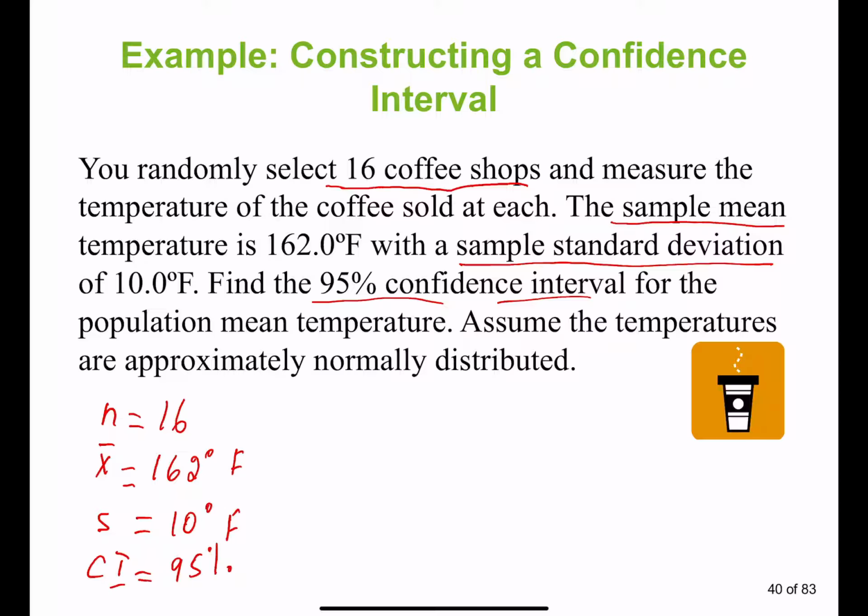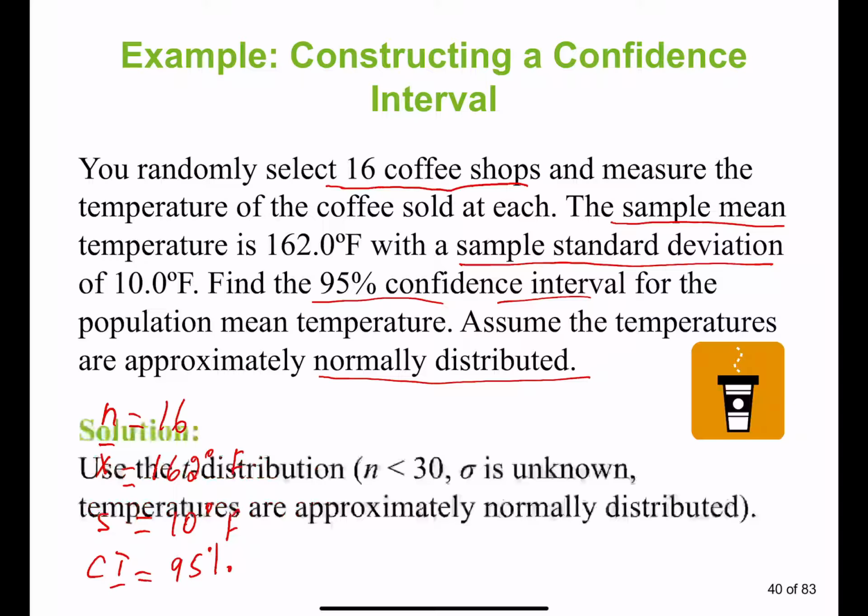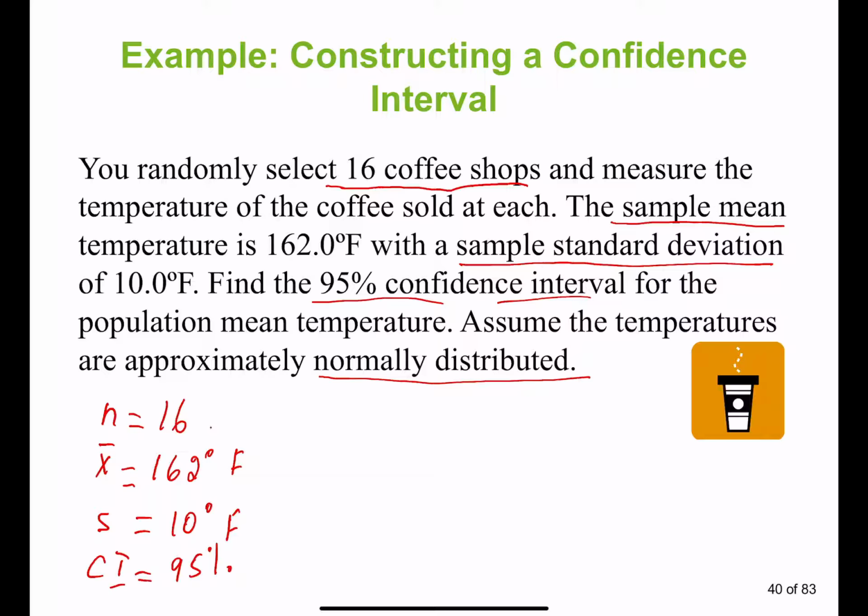Assume temperatures are approximately normally distributed. We can always use these formulas for normally distributed data. All right, so let's see how we're going to solve it. So our n is less than 30, obviously, and sigma is not known.